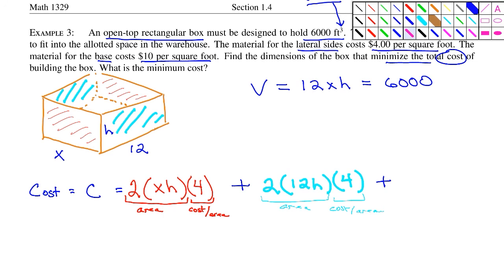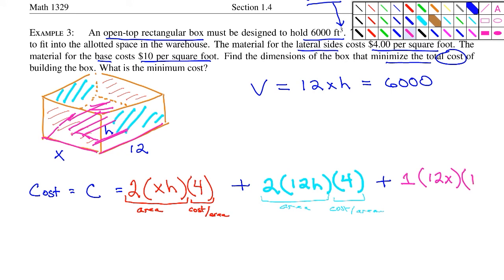And then lastly, we have the base down here. I'm going to draw in a little more base so you can see it. I guess it goes all the way here. So the base is down here like that. And there's only one of those. The area of that base is 12x, because it's a 12 by x down here on the bottom.